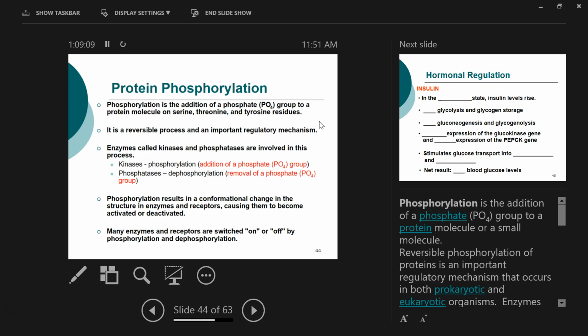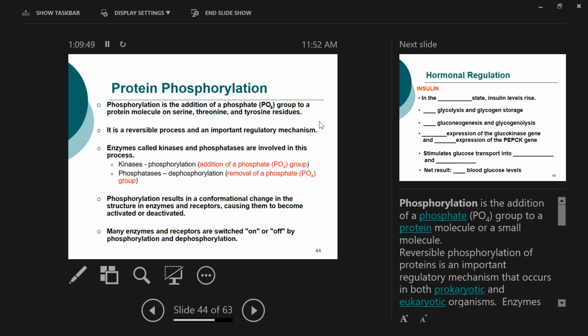So a kinase is an enzyme that catalyzes the phosphorylation, or adding of a phosphate group, to a protein. And a phosphatase is the type of enzyme that catalyzes dephosphorylation, or removes the phosphate group from the protein, right? So when you see the name of an enzyme with kinase or phosphatase, that tells you whether this enzyme catalyzes phosphorylation or dephosphorylation.